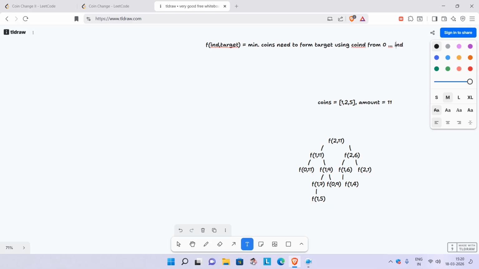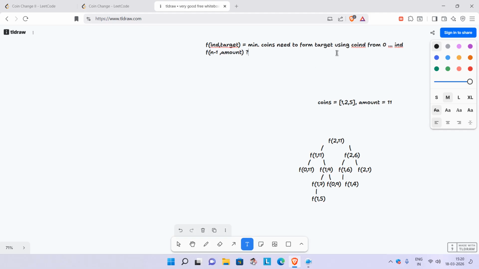Okay, so this is the meaning of this state. Now what we need to find is the minimum for this amount.